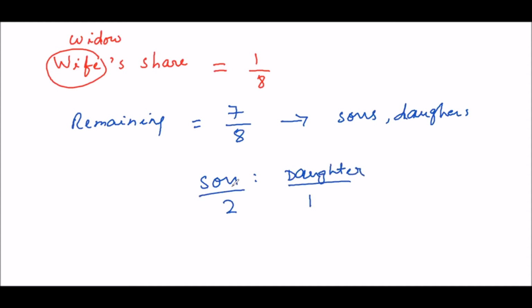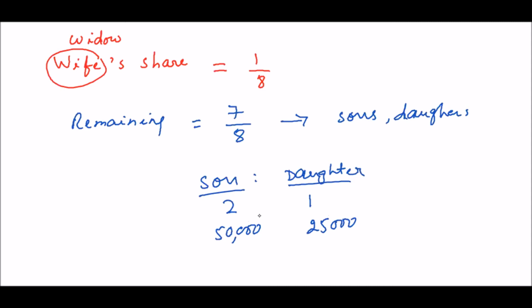It means a son will get double the amount of the daughter. If a daughter gets 25,000, then a single son will get 50,000 rupees. The share of the son is double that of the girl.